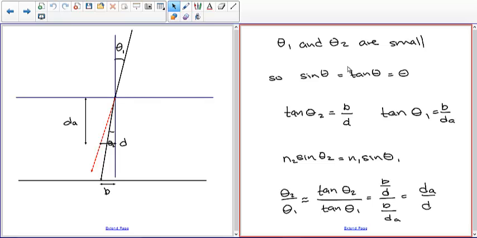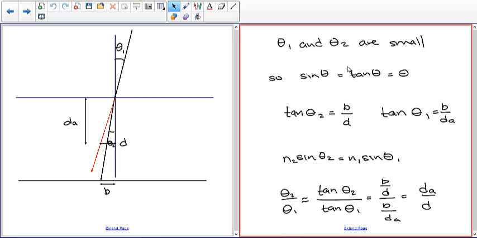We're using that approximation to go this way. If you take the opposite over the adjacent, the opposite sides cancel out, and you end up with the perceived depth divided by the actual depth as being the ratio of the two angles.